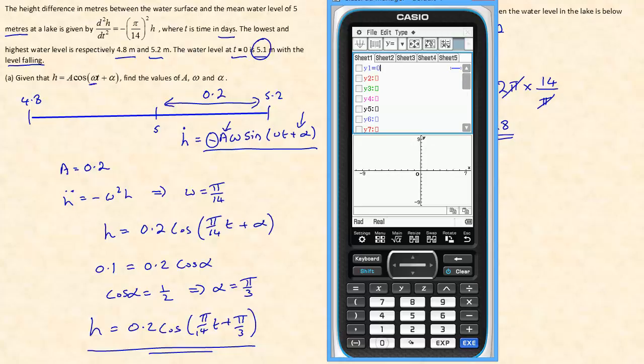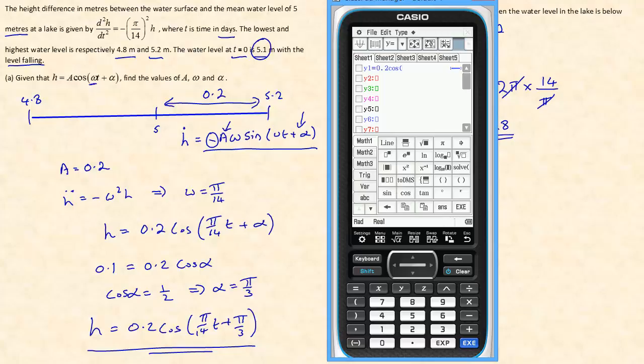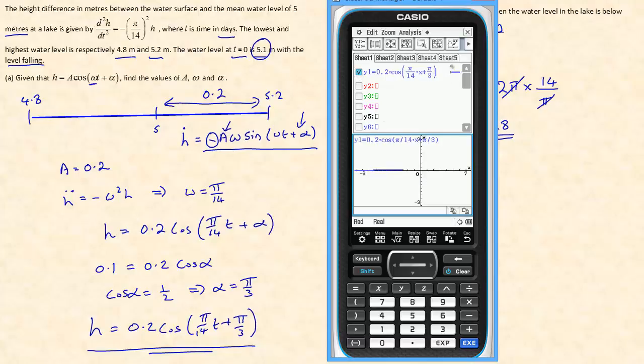So 0.2 cos(π/14 x + π/3). So that's the graph we want to draw. That's this graph here. So let's graph it.